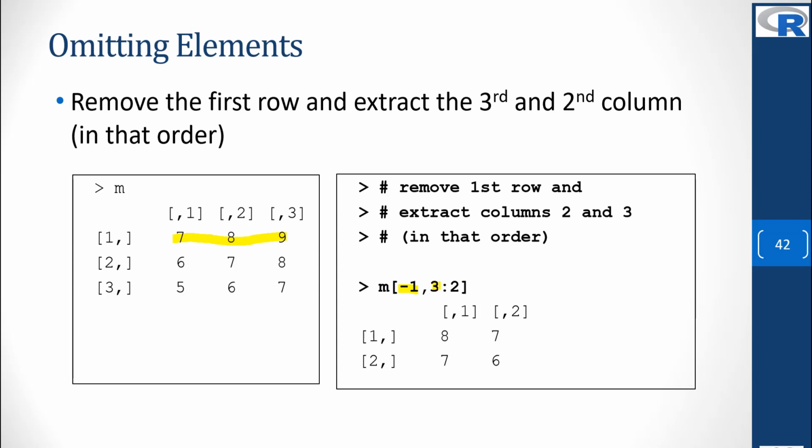So we're going from column 3 to column 2. And so we get 8, 7, that's column 3, as the first column in this new matrix. And we get 7, 6 as the second column in this new matrix. So these can get kind of tricky. They can get pretty complex, but you'll find as you get better at them, the ability to do this kind of thing can make your coding much more efficient.